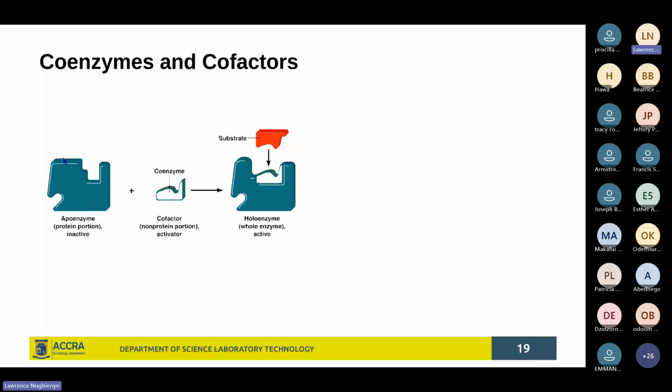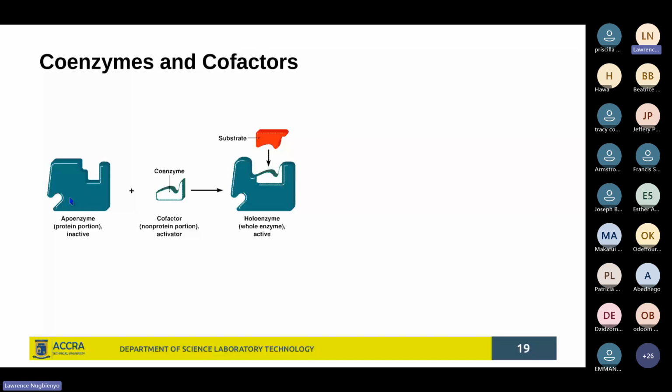This structure represents an apoenzyme, that is the protein portion of an enzyme. And the last time I mentioned that the coenzymes or cofactors are required by the enzyme for them to become active. So when they are not attached to the enzyme, it is not active.